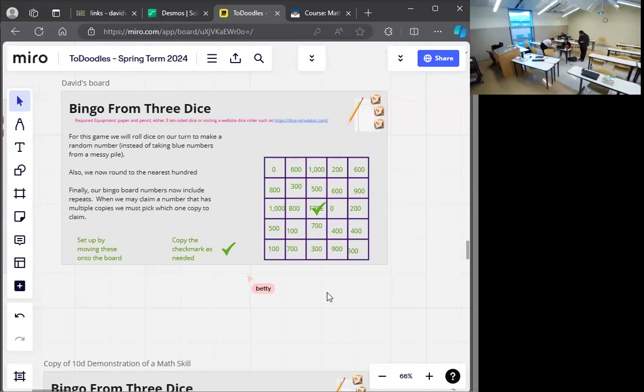And everyone's way down there. Way over here, and then it looks like no one has this one. You can just put your name on it.